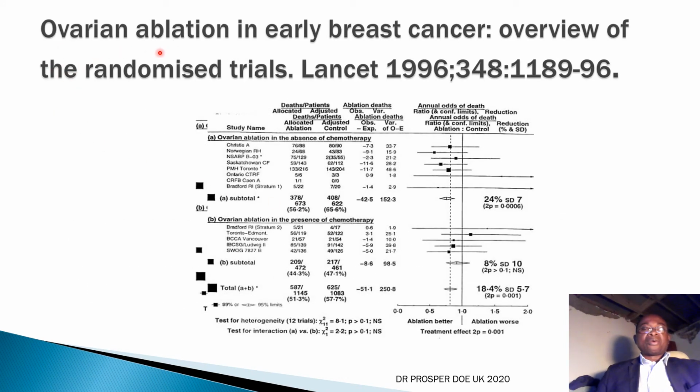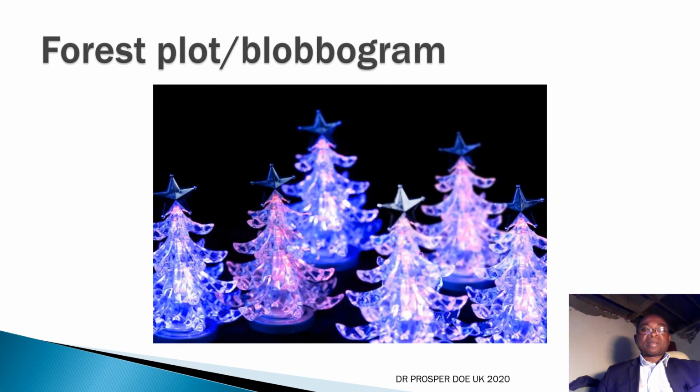This is the ovarian ablation in early breast cancer overview of the randomized trials. And this is an example of a forest plot or globogram.